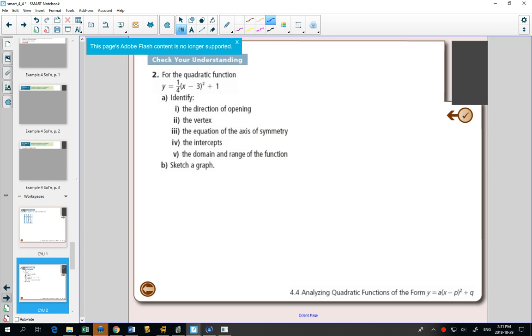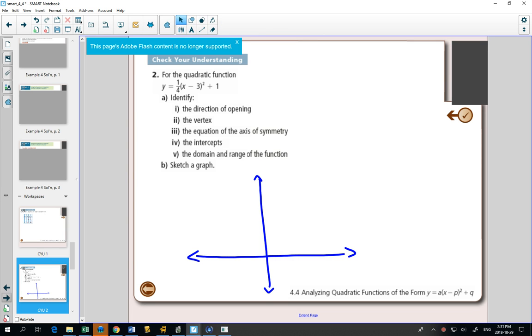If we start with our sketch, on our equation, the first thing I always look for is the vertex. This is in standard form, or vertex form. Whenever you have the equation in this form, the values of p and q are the values of the vertex.